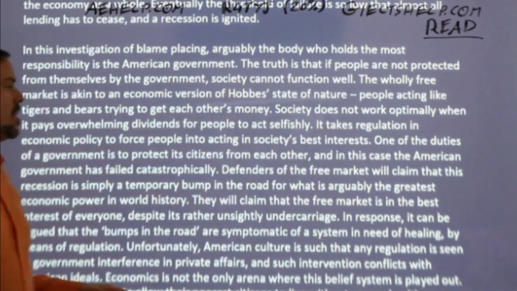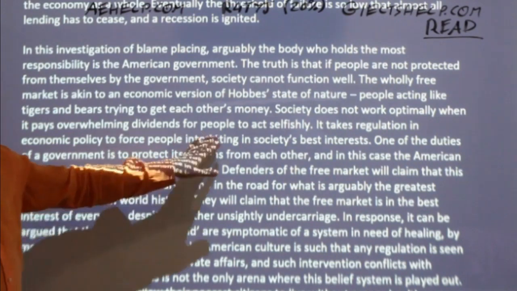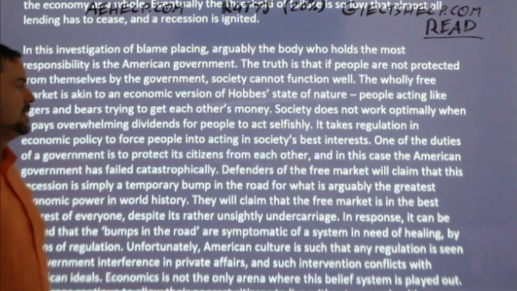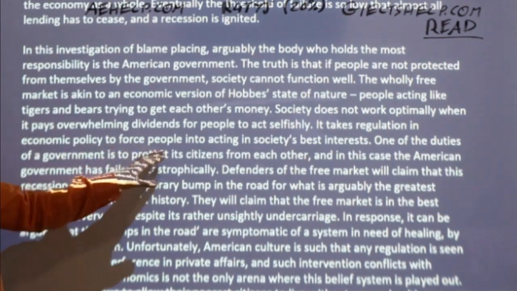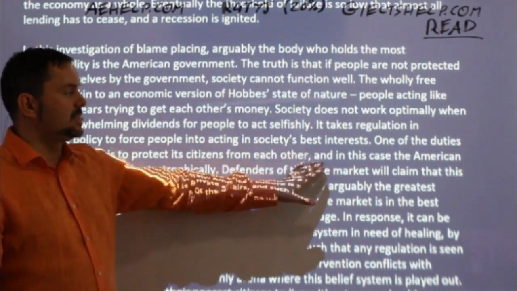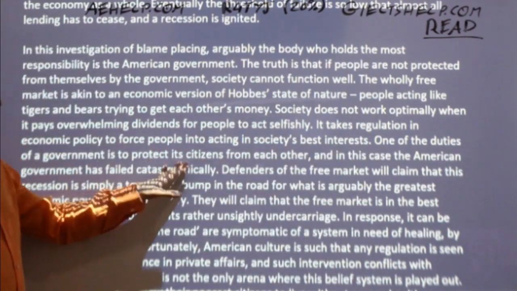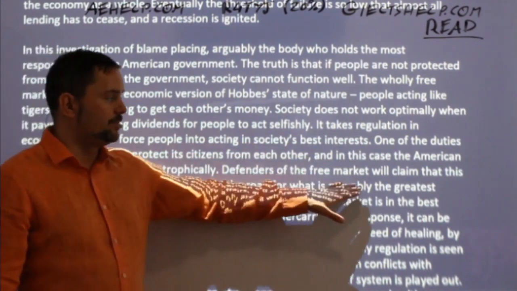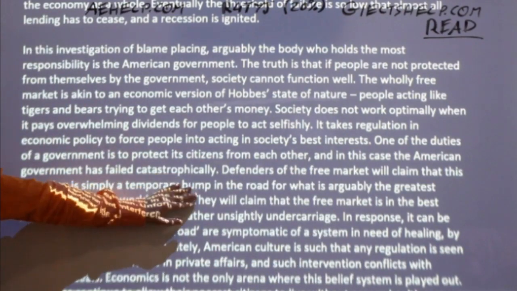Society does not work optimally when it pays overwhelming dividends for people to act selfishly. It takes regulation in economic policy to force people into acting in society's best interest. One of the duties of a government is to protect its citizens from each other. And in this case, the American government has failed catastrophically.